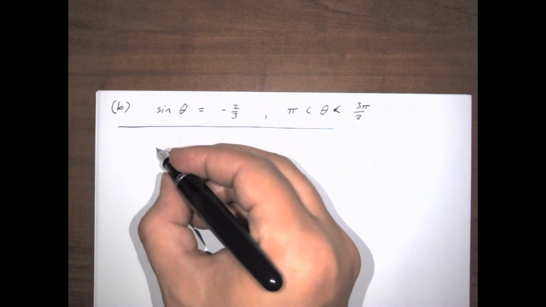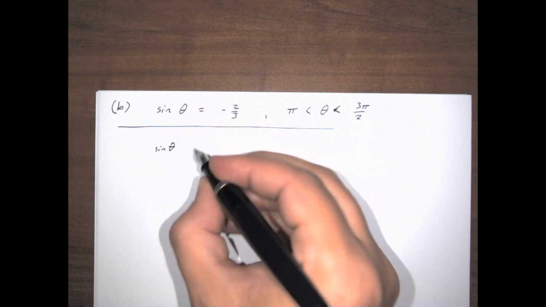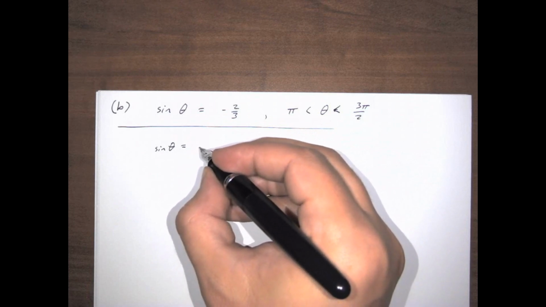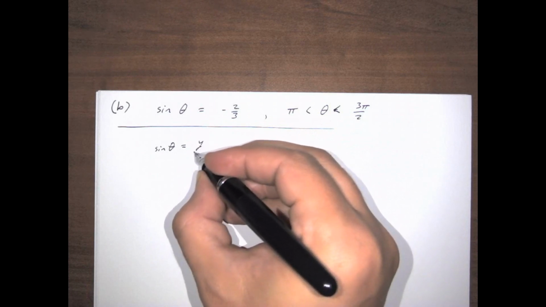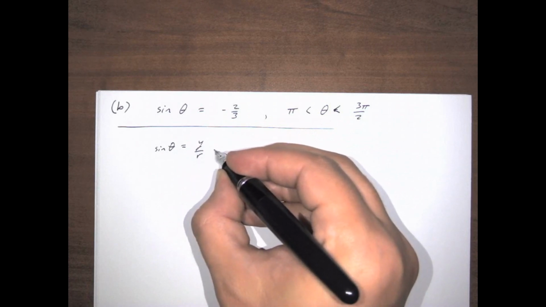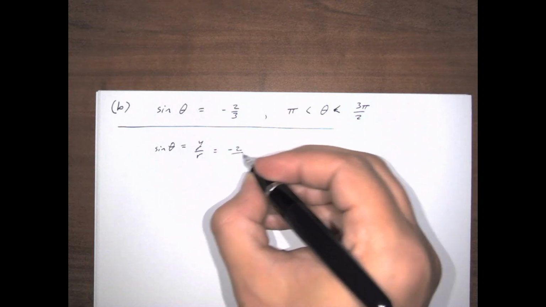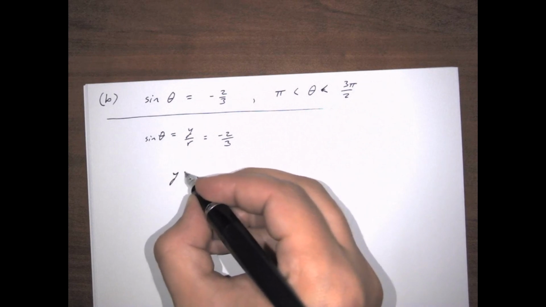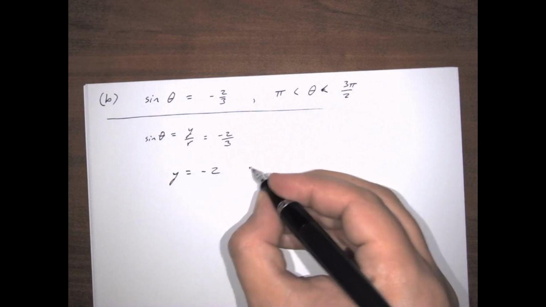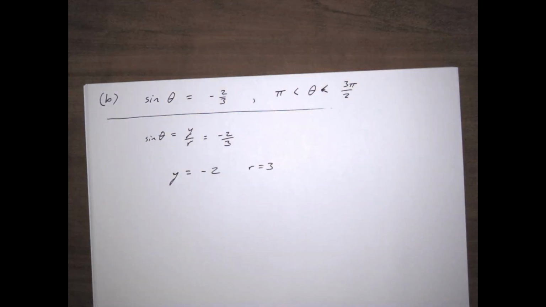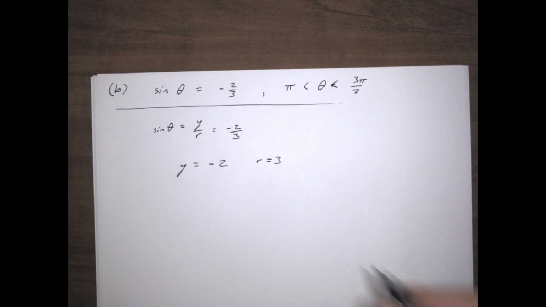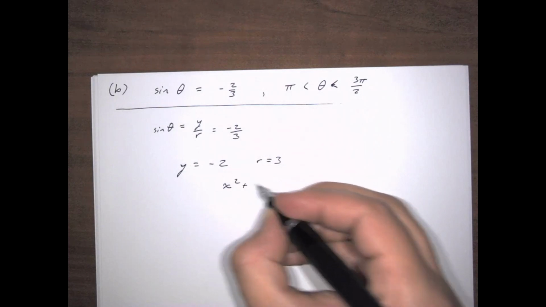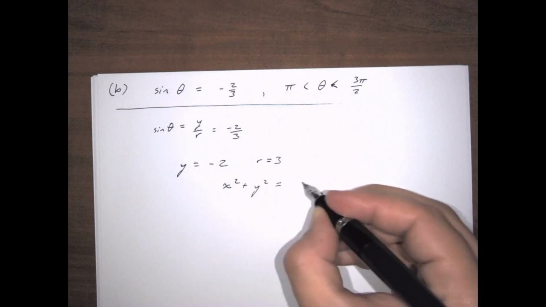Okay, so let's think about what we've been given and what it is in terms of y and x and r. So sine is equal to y over r, which is equal to negative 2 over 3. So it makes sense for me to just say y equals negative 2, r equals 3. Now, x squared plus y squared always equals r squared.